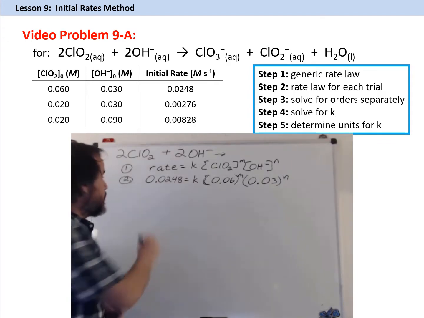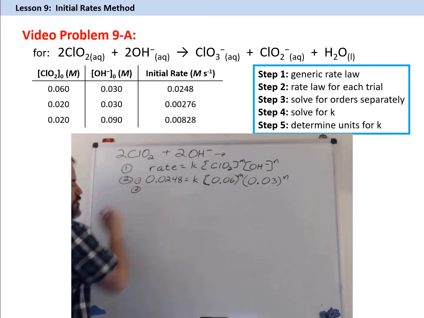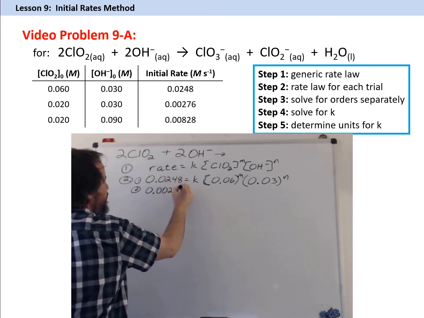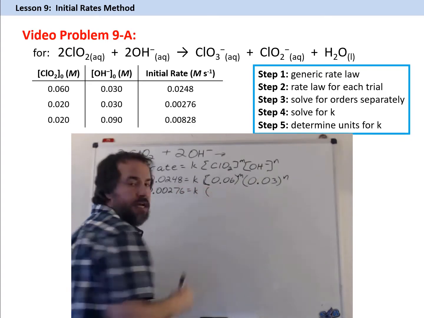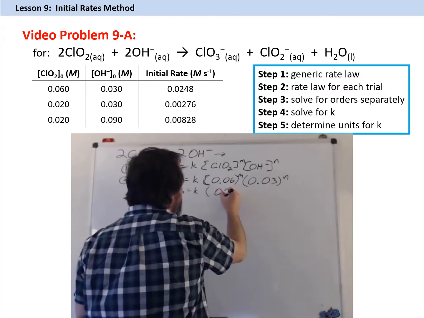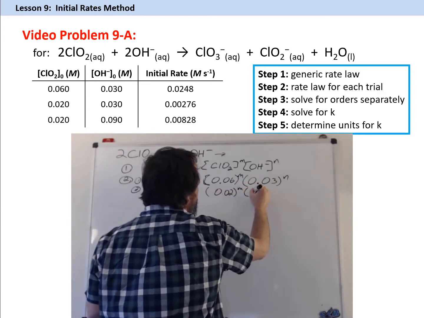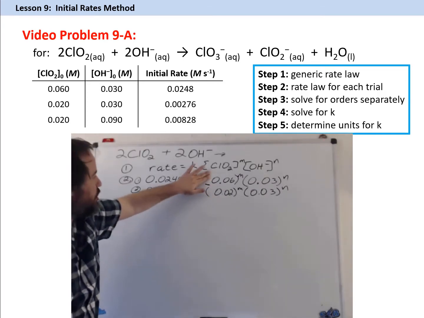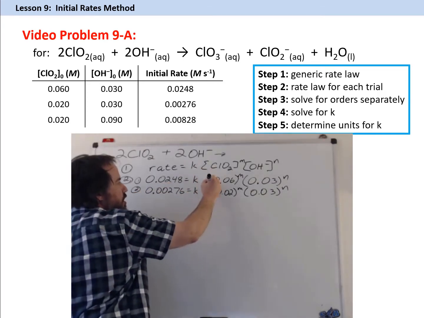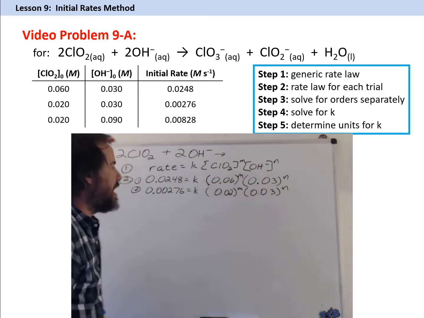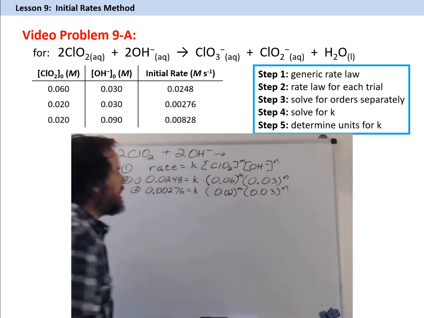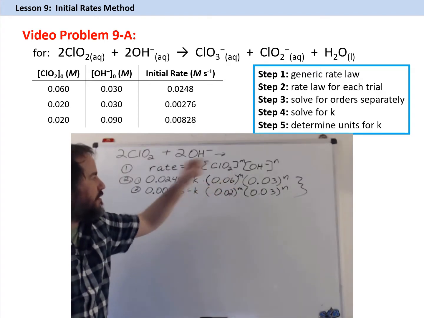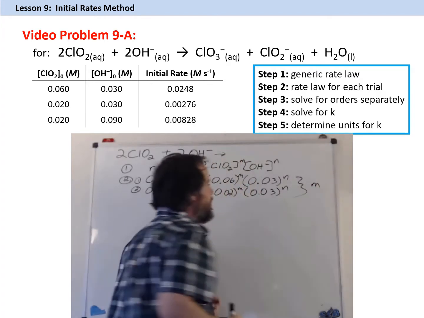Our second trial, this was our first trial, our second trial was 0.00276 equals K times 0.02 to the m times 0.03 to the n. Notice we changed the concentration for ClO2, but we kept OH minus the same. So by looking at these two, we'll be able to tell the effect of m. So we can get m out of that.